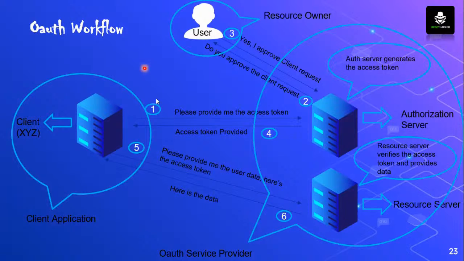So this was the basic OAuth workflow. There are many types, like implicit grant and authorization grant. We cannot go deep here, but this is the basic workflow of how the OAuth mechanism works.